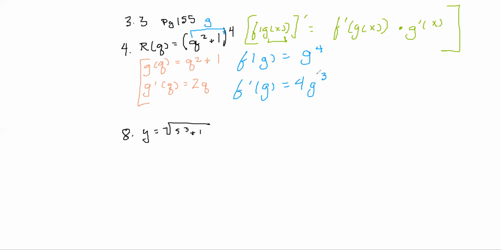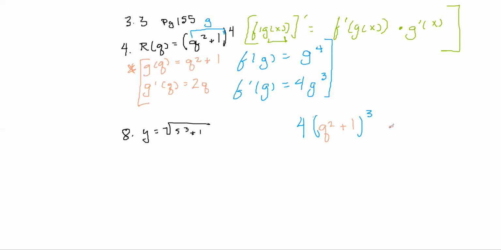So now I have f prime, g, and g prime. What I'm going to do is smash it all together. I am going to say f prime of g is 4g to the 3. And here I have g, which is q squared plus 1.